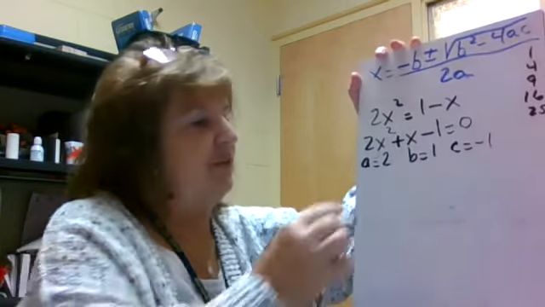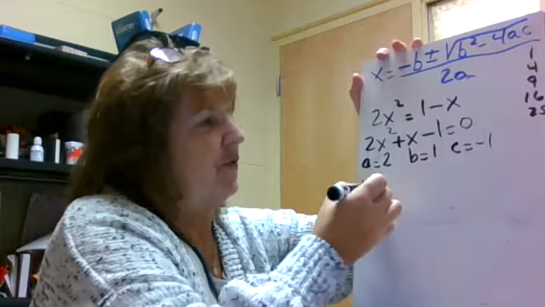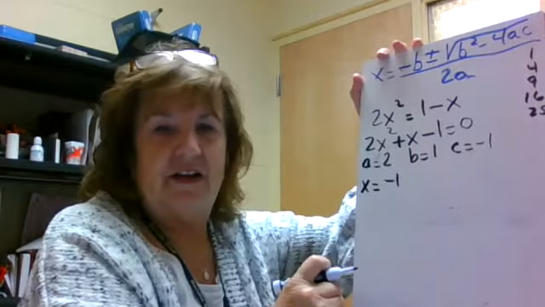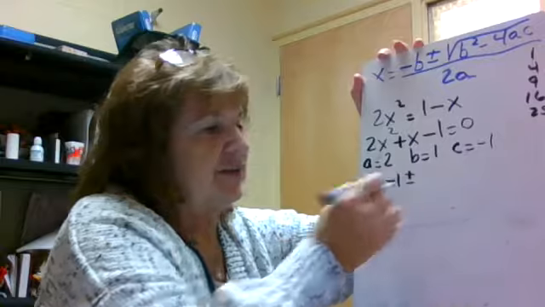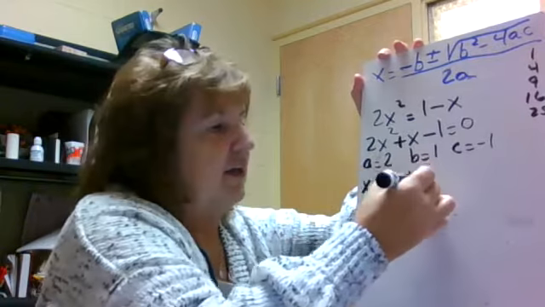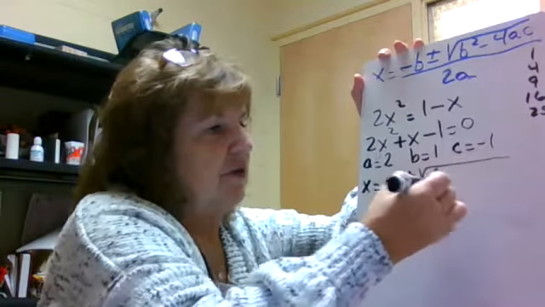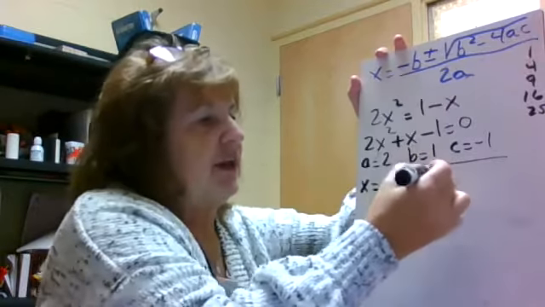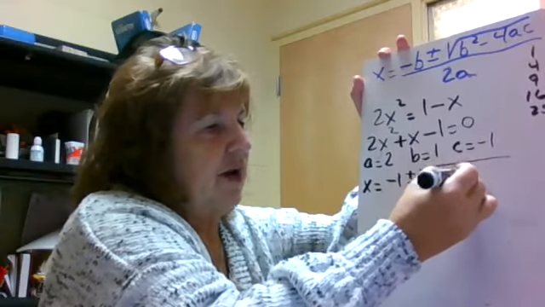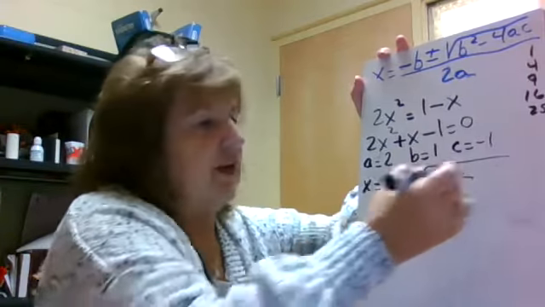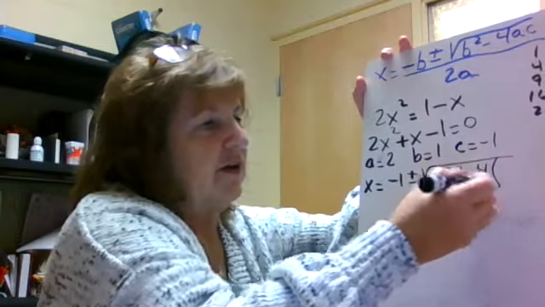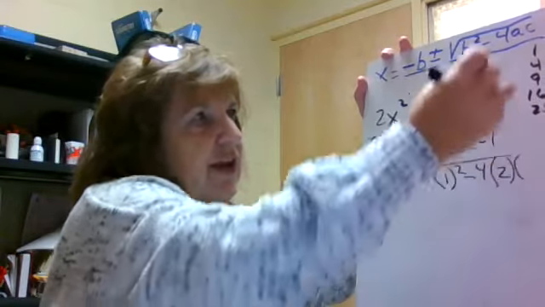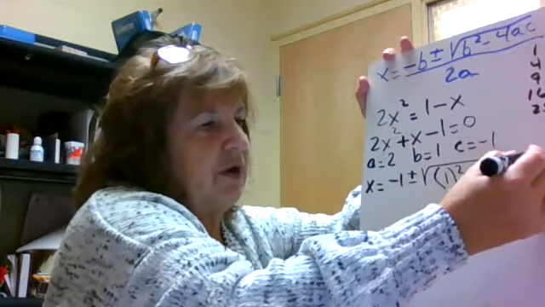Now we plug it into the problem. X equals, the opposite of the B number is negative 1, plus or minus. Now we use parentheses because we're under the radical sign. The B number is 1 squared minus 4. Now it's the A number, which is 2, and the C number, which is negative 1.